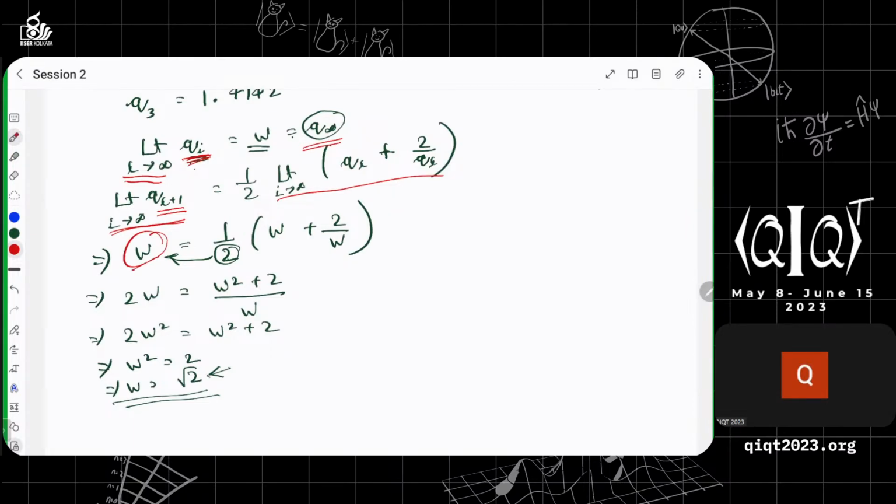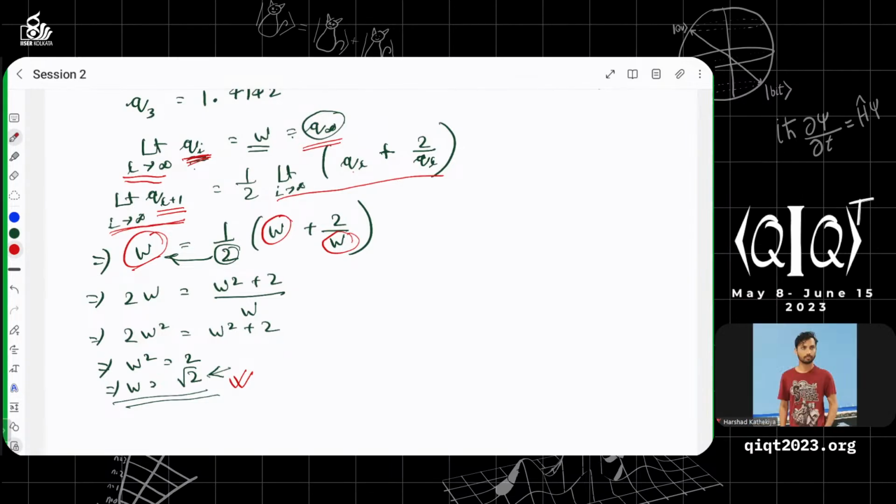So we replaced this by w, q_i as i tends to infinity again replaced by w, and we solved the quadratic equation and we got w equal to root 2. And what I was asking at this point is: is root 2 a rational number or an irrational number? Yes, right. So root 2 is an irrational number.